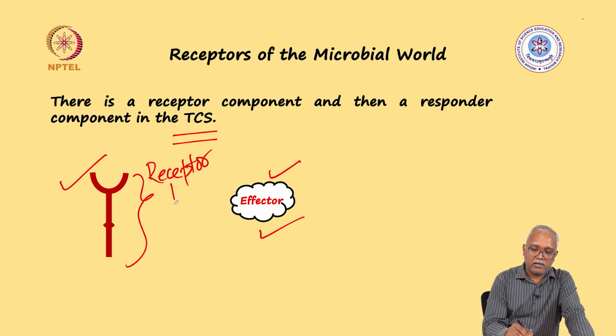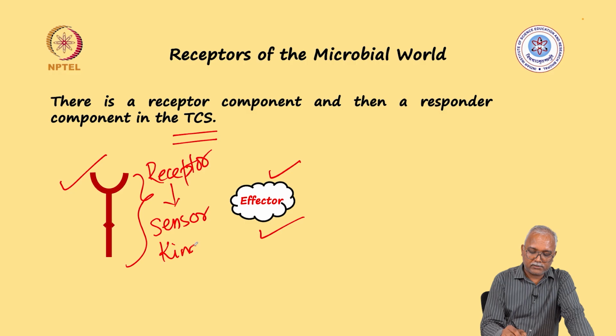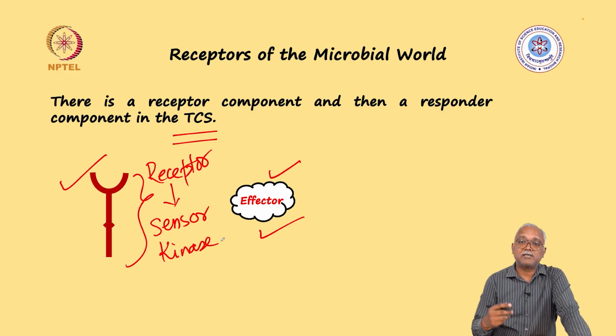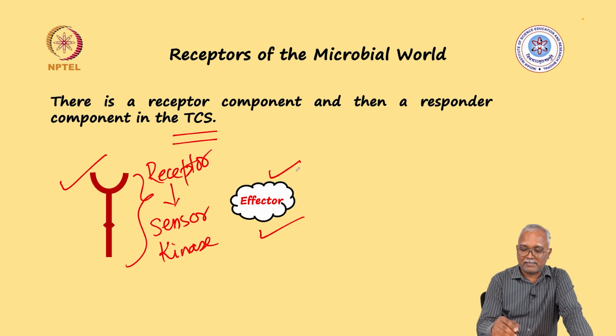It is also sometimes referred to as sensor kinase, because this is the kinase which senses the external environment. And then you have the effector molecule as the second component, which is called response regulator.